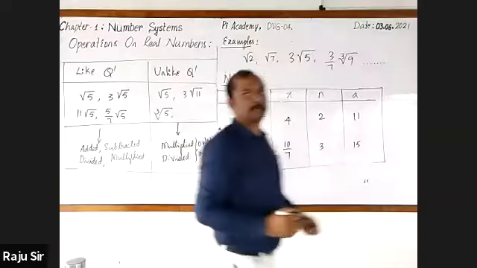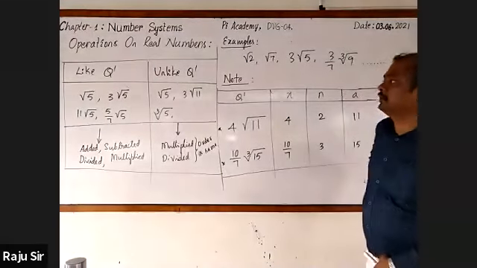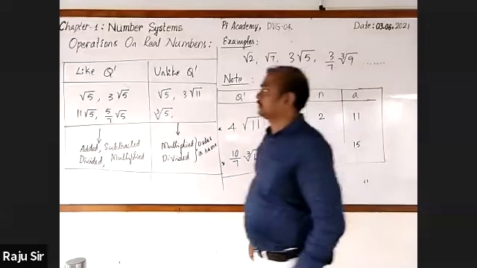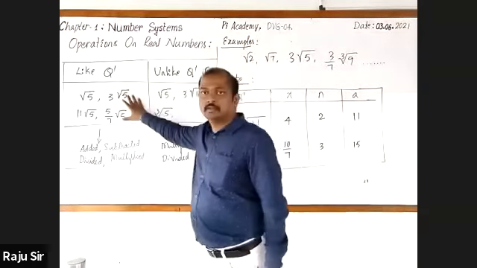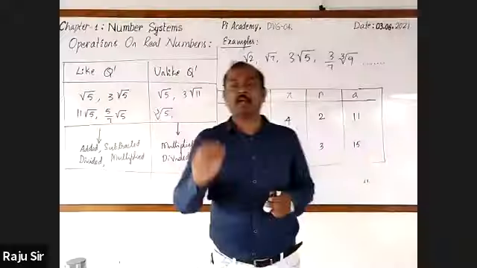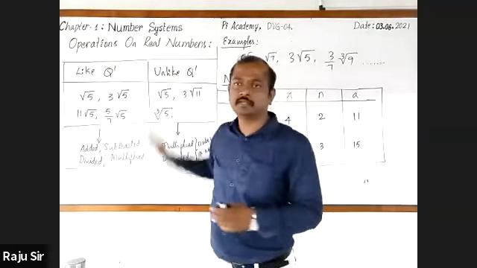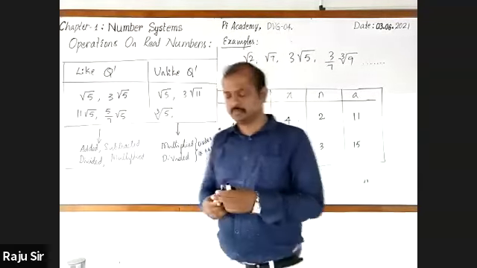Copy this one. Like surds, unlike surds. Sir, if order is different and radicand is same, is it like or unlike? It is unlike. I told you, if orders are same and radicands are same, like. Other than that, remaining unlike. Okay, sir.